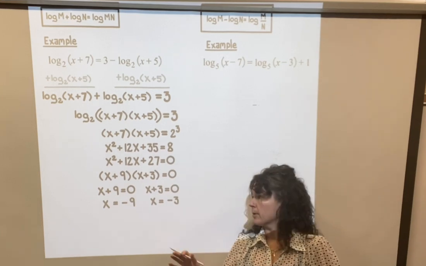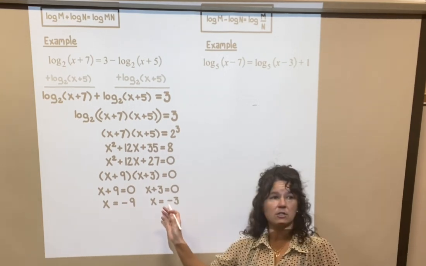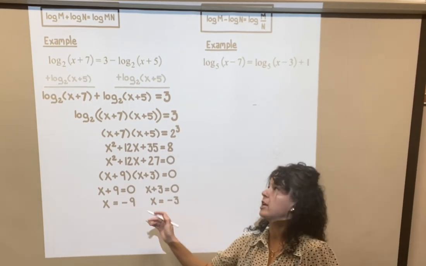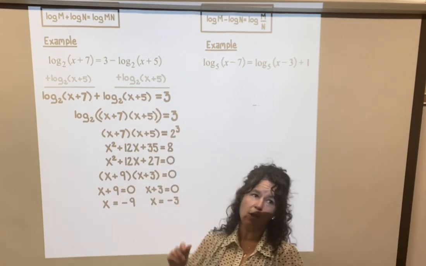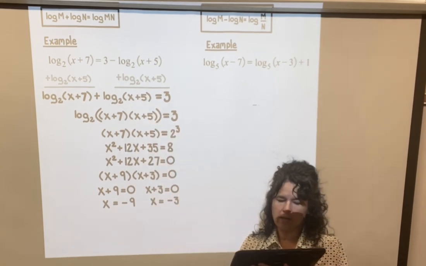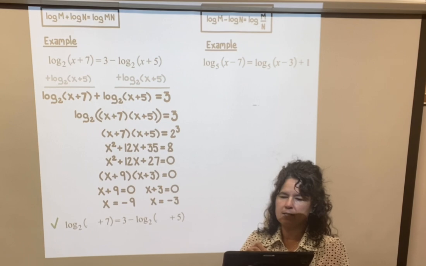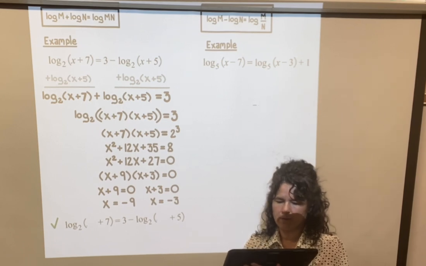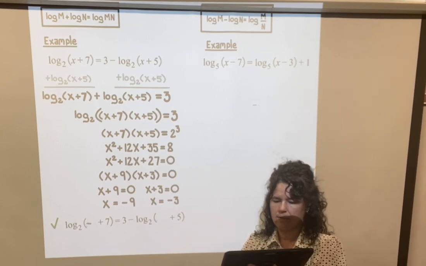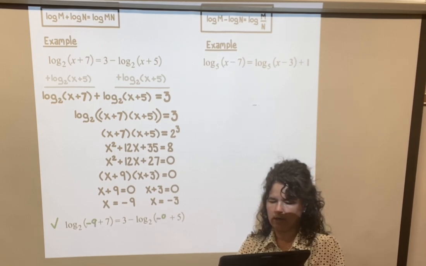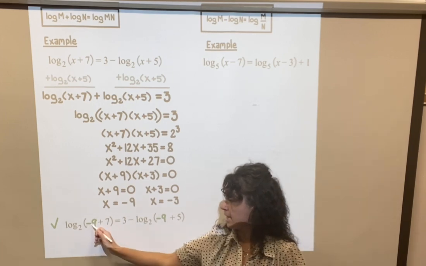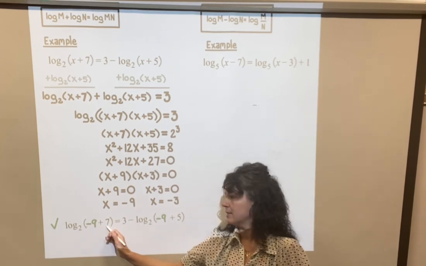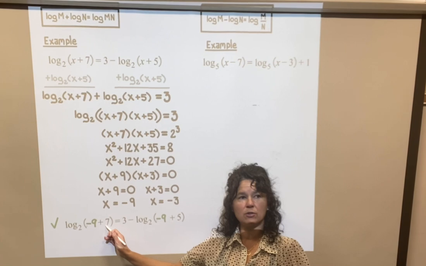But remember that once you have your answers, if your original equation has a logarithm of x, you must check. Okay, so if I substitute in -9 here and here, -9 plus 7 is -2.